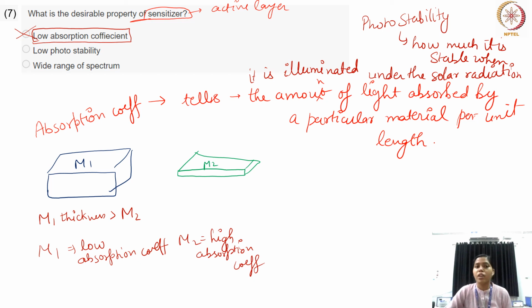For a good sensitizer, it must have a high photostability, since in the end we will be using it in a solar cell. Otherwise, the degradation of the device will start soon. So option number 2 also gets eliminated. So option number 3, which is the wide range of spectrum, is the correct answer for this question.